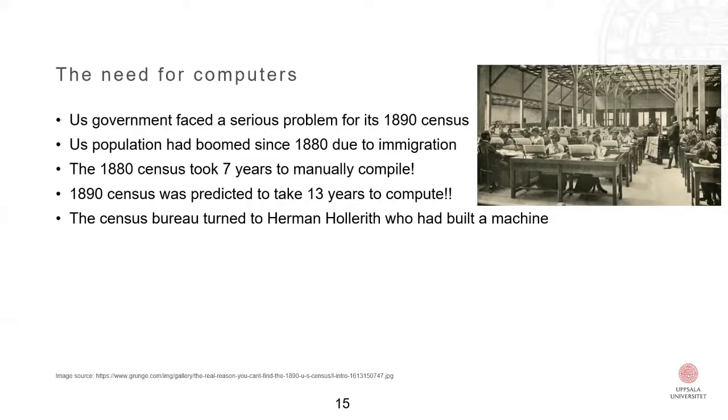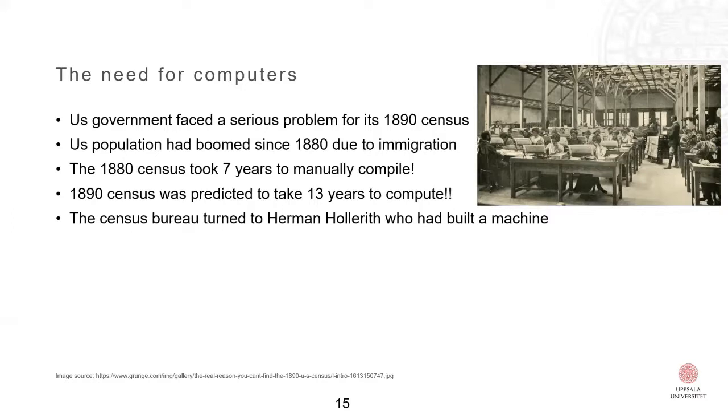They realized that because the population had grown so much, just compiling the census data would take 13 years. And it would already be outdated, because every 10 years they would need to do a census.